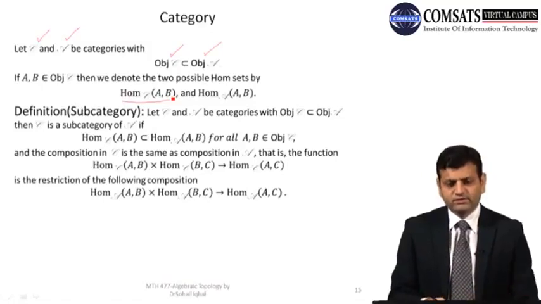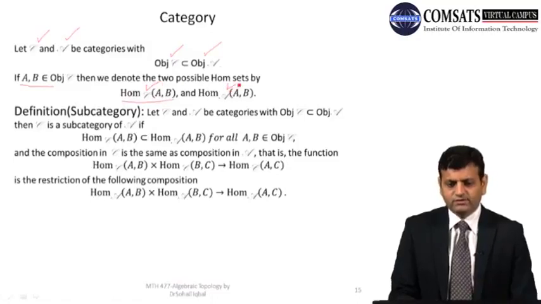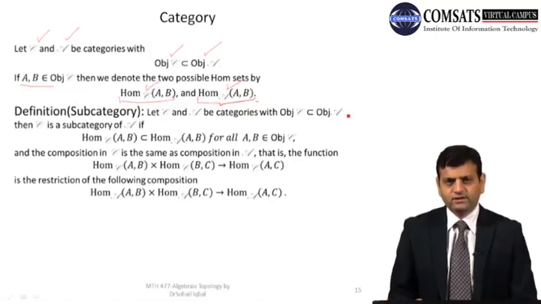So in other words, if I am taking a category C and a category A, then they have the same objects, because the set of objects of C is a subset of the objects of A. So if A, B are objects of C, then of course they are also elements of the objects of A. But the morphisms between A and B in the category C could be different from the morphisms between A and B in the category A. In general they are different, and of course they satisfy the definition of the category.